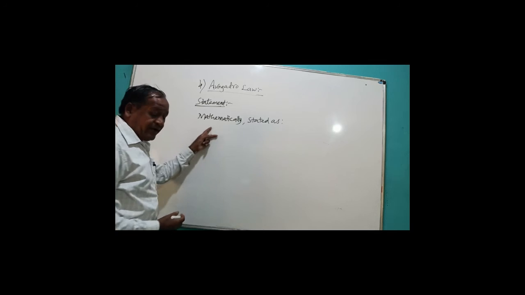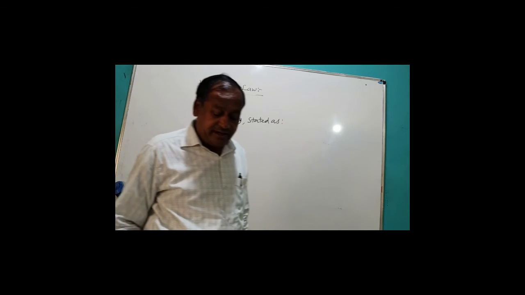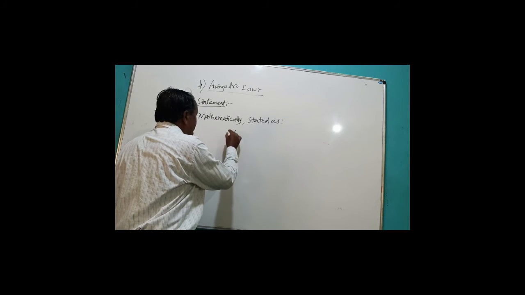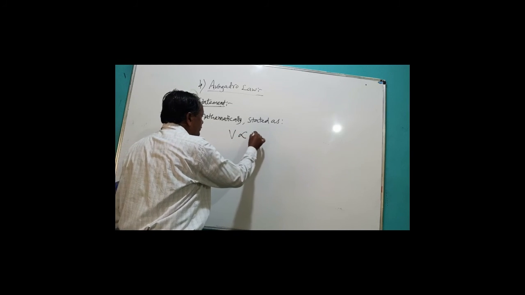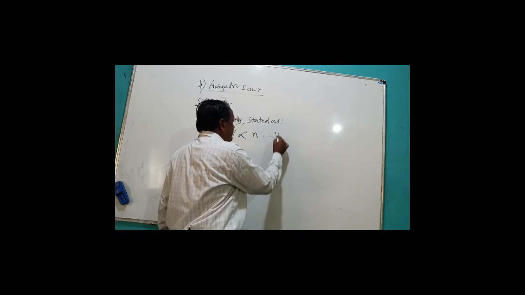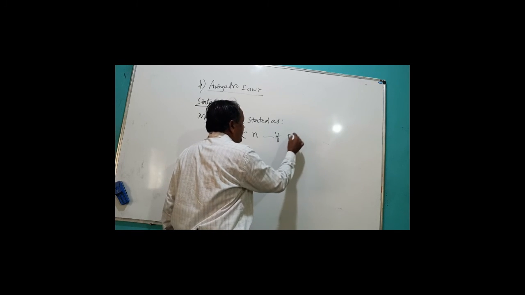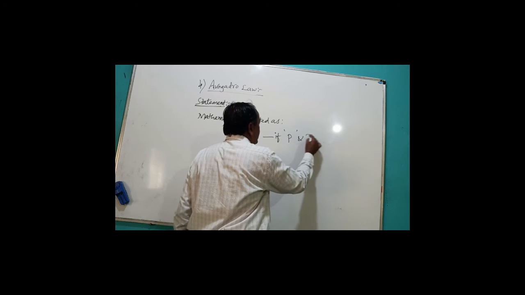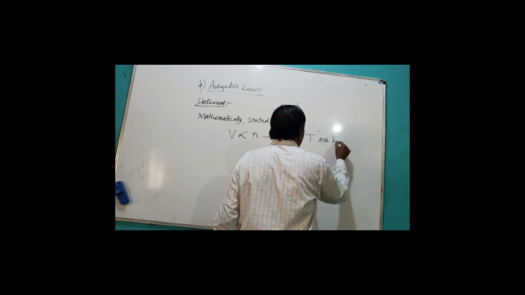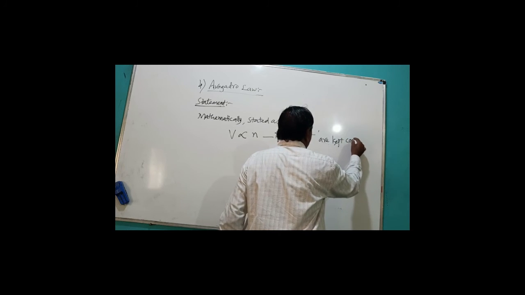Mathematically, Avogadro's law states that volume V is directly proportional to n, the amount of gas, if P and T are kept constant.